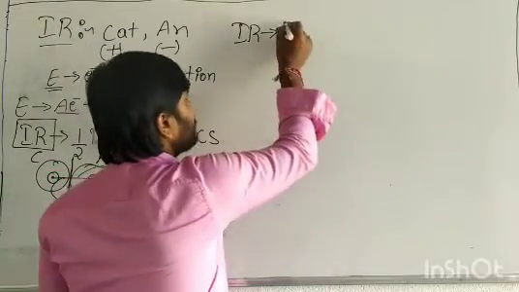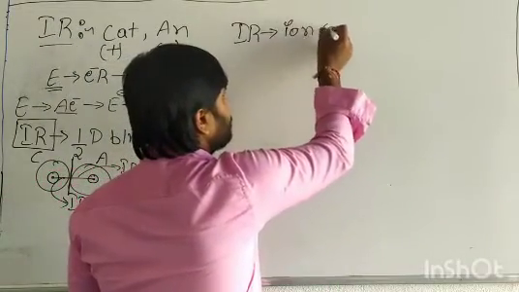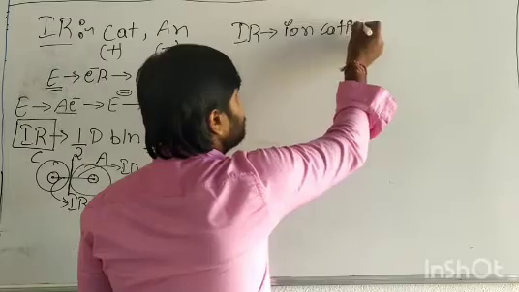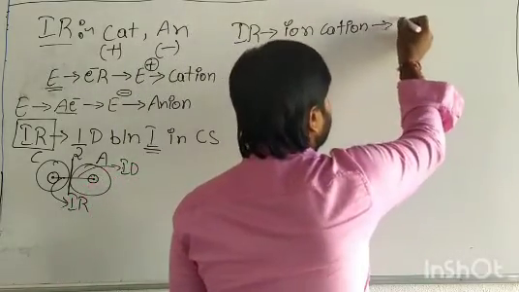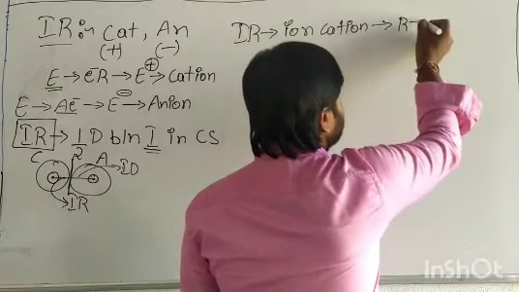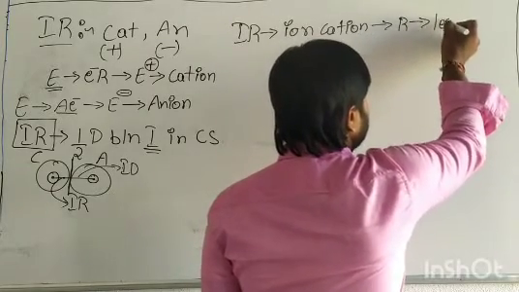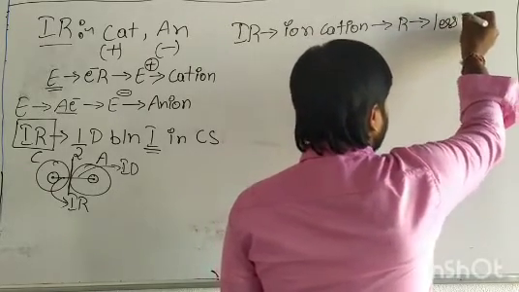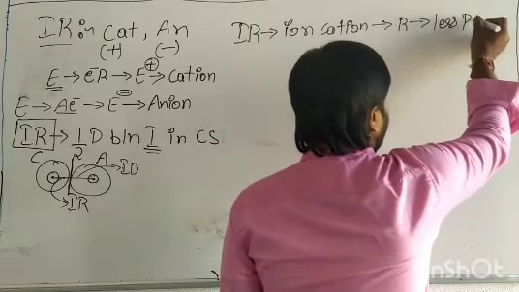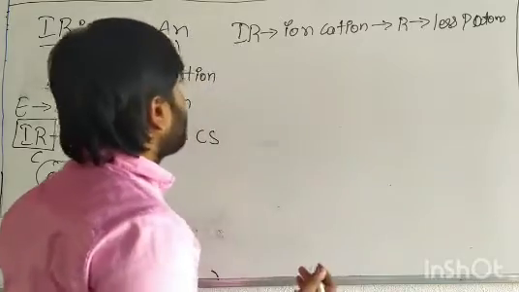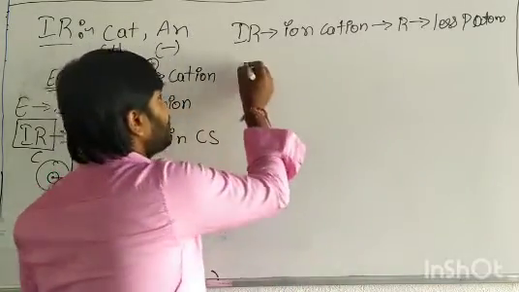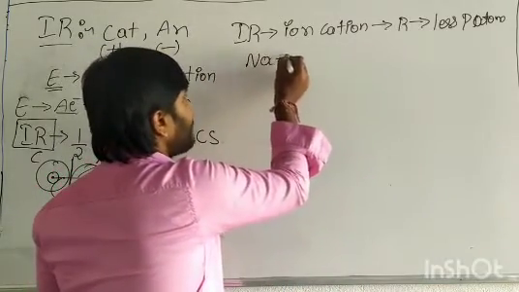If the ion is a cation, then its radius is less than the parent ion or parent atom. For example, consider a sodium atom.